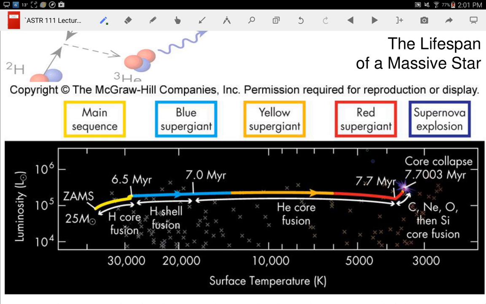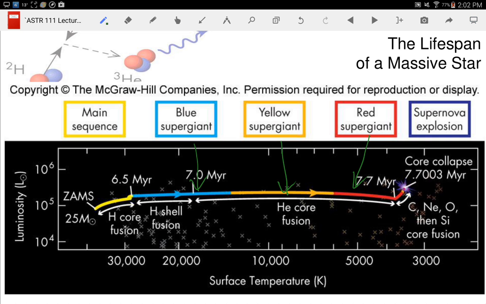So you have a red supergiant phase here, a yellow supergiant phase here because it was hotter, a blue supergiant phase here because it was super hot. And so it's going through these, and the times once again are shown. It has approximately 6.5 million years on the main sequence.